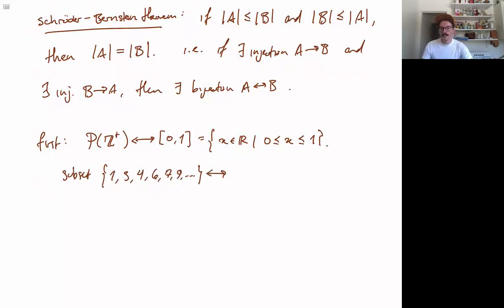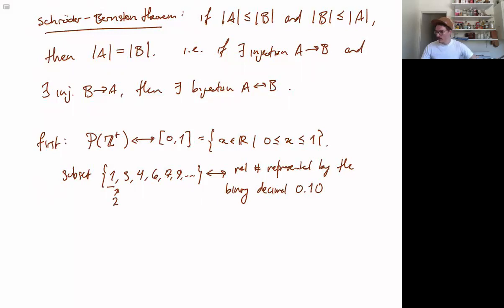A subset like this corresponds to the real number represented by the binary decimal which has a 1 if your thing is in the subset, and a 0 if your thing is not in the subset.